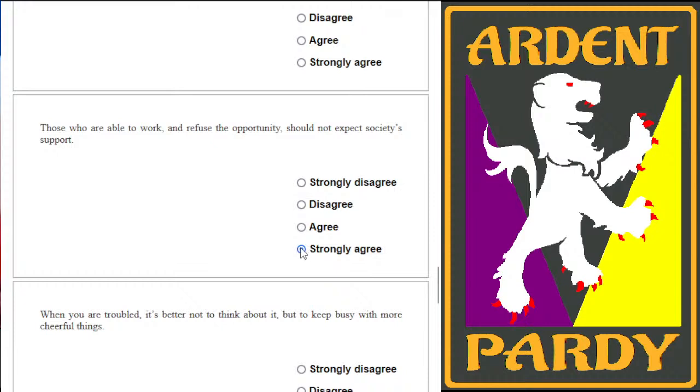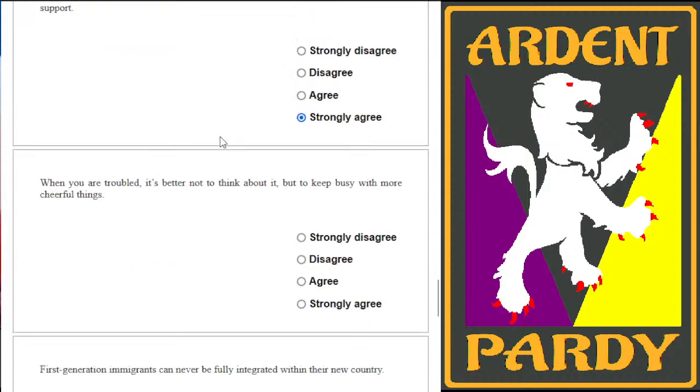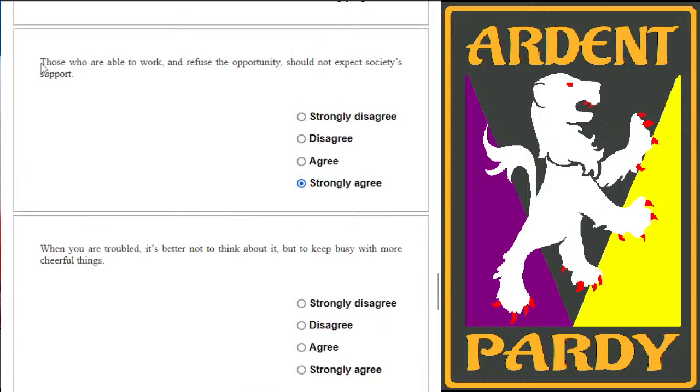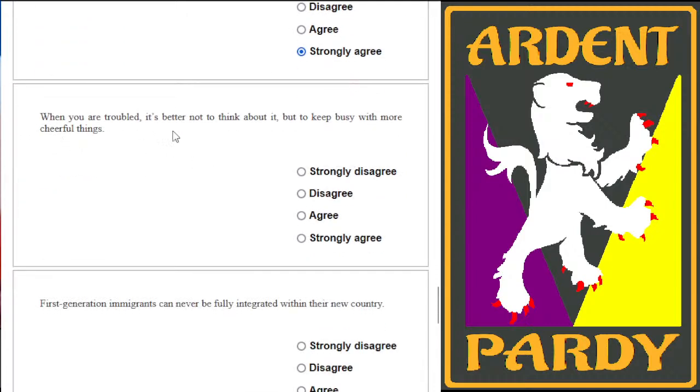I strongly agree. And that's this one right here. That's service equals citizenship right there. When you are troubled, it's better not to think about it, but to keep busy with more cheerful things. Here's the funny thing. A guy will generally answer agree, and I can expect a woman would probably answer disagree. Yes, no? Yeah.